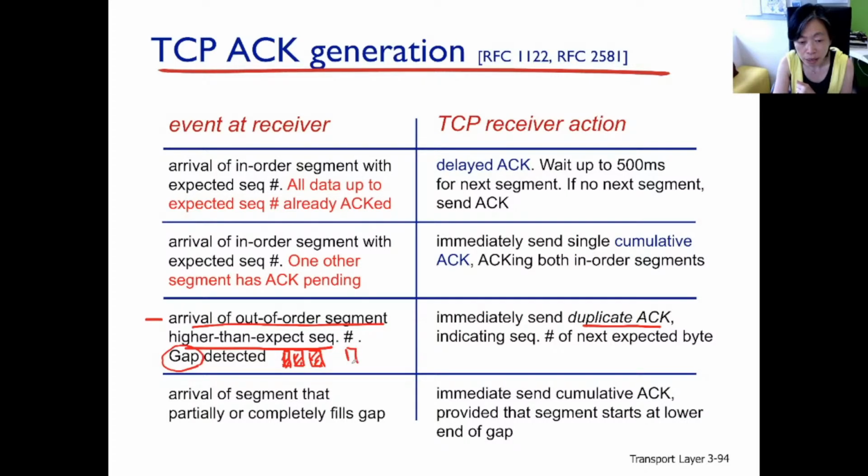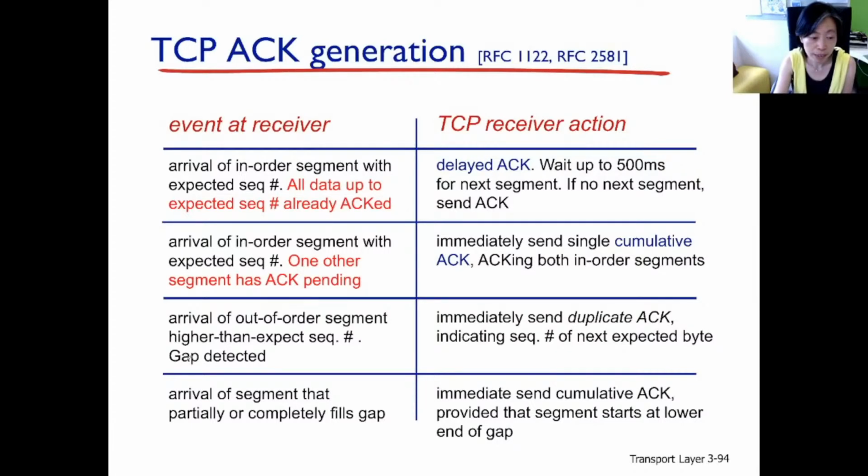But suddenly, we get a packet that is out of order. It's not quite what we're expecting next. So there's a gap in the sequence numbers of the packets received. In that case, upon receiving such an out-of-order segment, upon detecting a gap like this, we send a duplicate ACK, the old ACK that has been generated before. This ACK is then carrying the sequence number of the latest packet received in order.